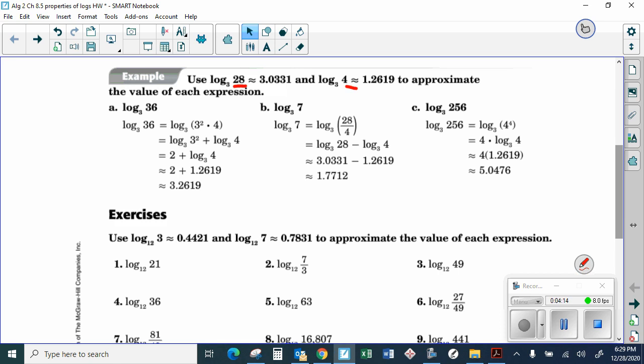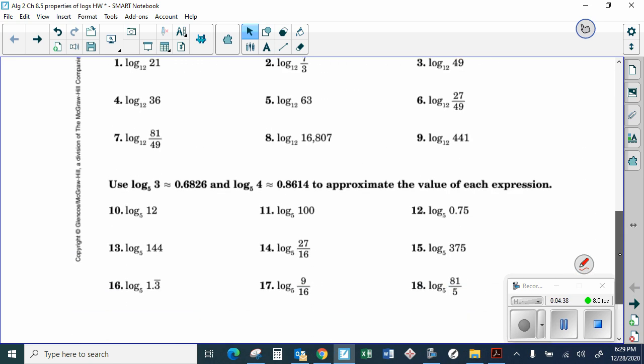It says 7, but I do have 28 divided by 4. That's what they did right here. That's the same thing. And I know what log base 3 of 28 is, and log base 3 of 4. Remember, division of logs can be separated into subtraction of logs. So now they subtracted those two numbers, and there's your answer right there.